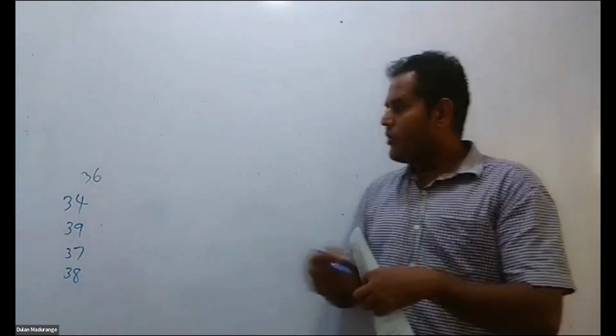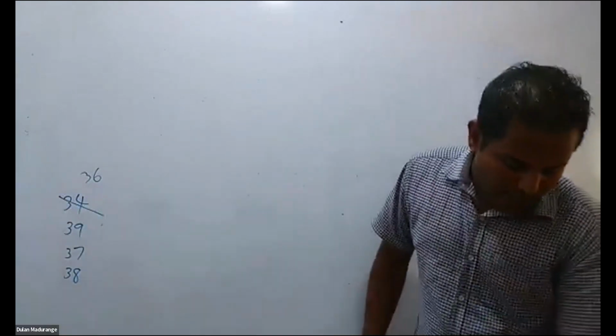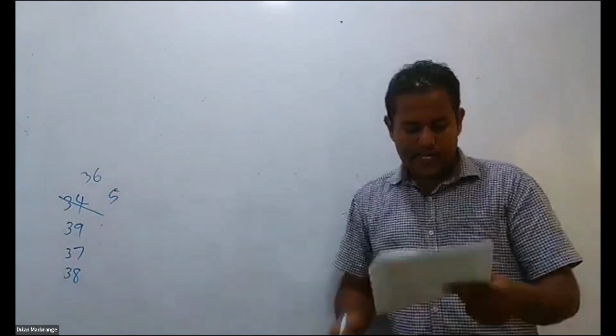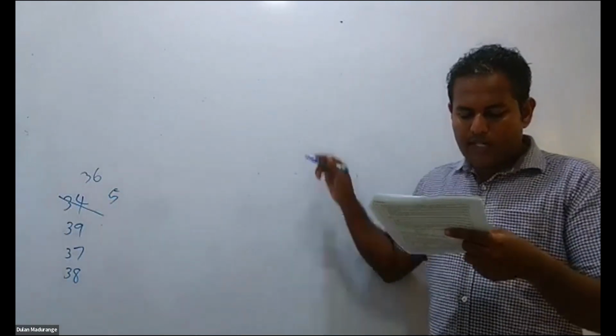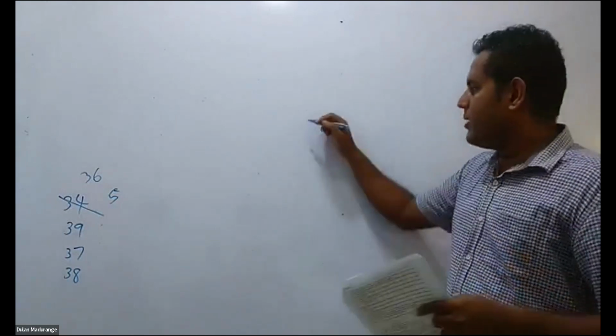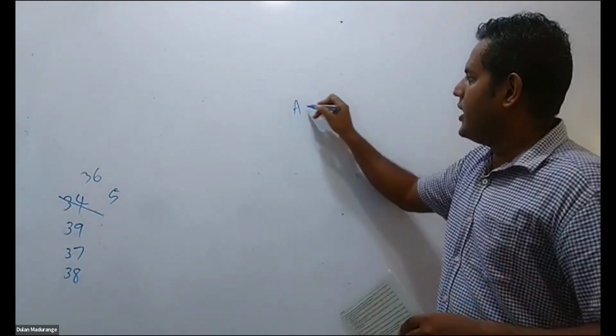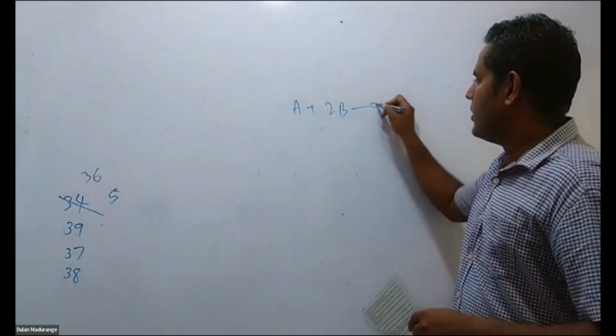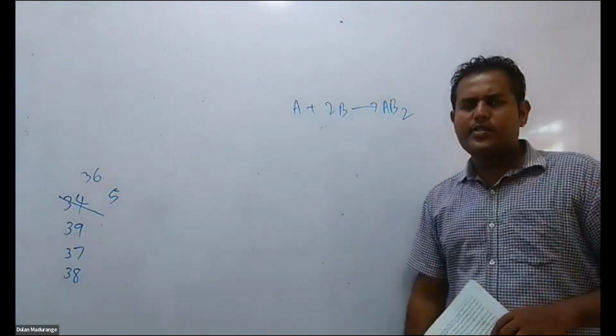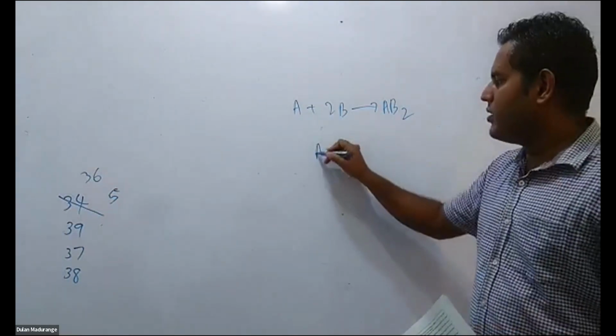Okay, question number 34. The answer given for question 34 is 5. It asks which is correct about a multi-step reaction. So what is a multi-step reaction? We know A reacts with 2B to form AB2. In a multi-step reaction this does not happen in one step always.